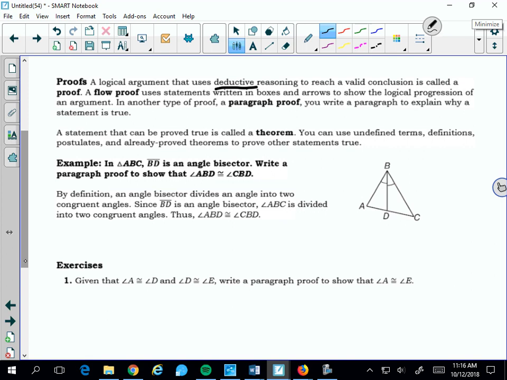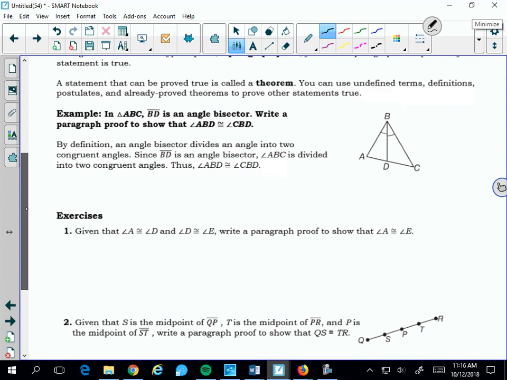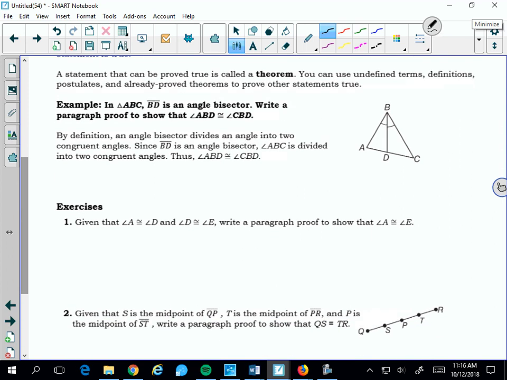Now, as an example, they gave us this. They're giving me a given, like I was given in my triangle proofs. And it says, in triangle ABC, BD is an angle bisector. Write a paragraph proof to show that those two angles are equal. They are very wordy in this, and they say, by definition, an angle bisector divides an angle into two congruent angles.